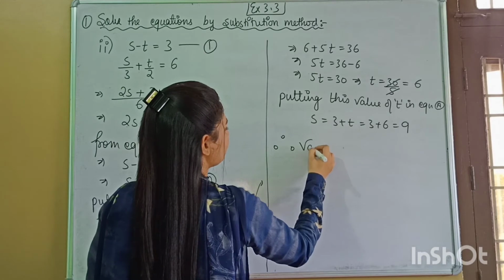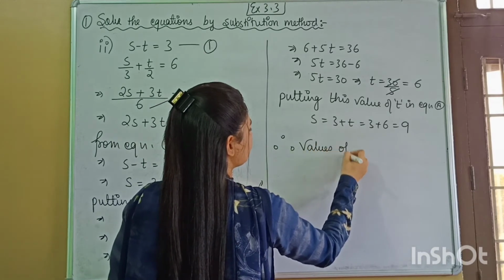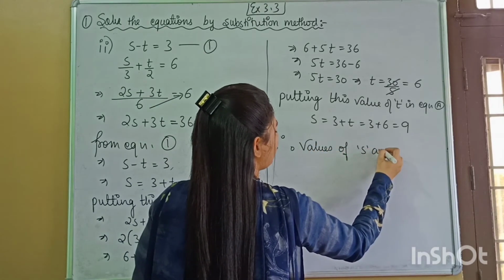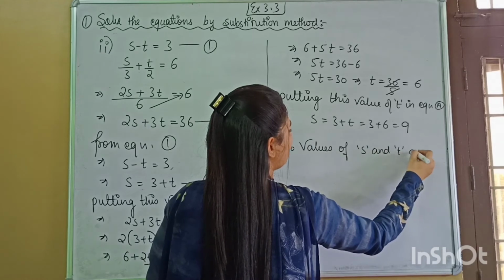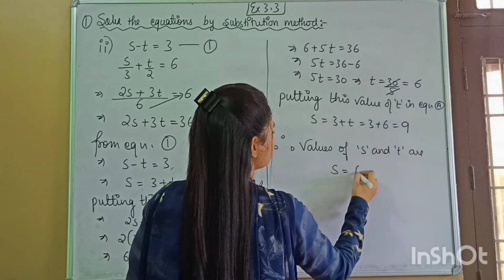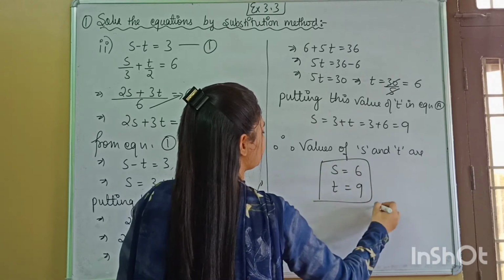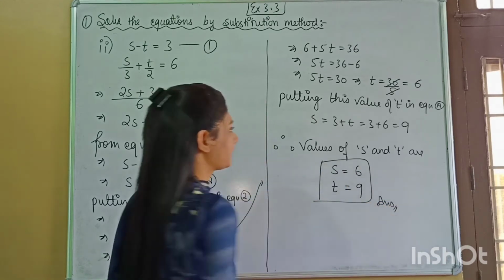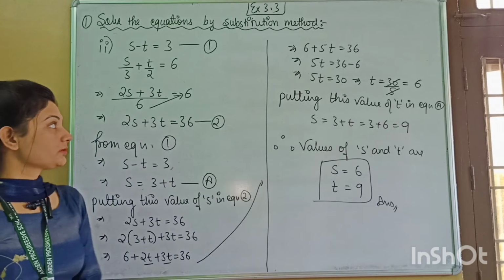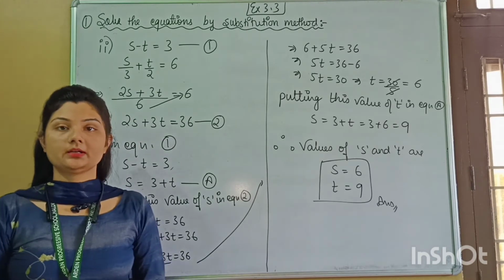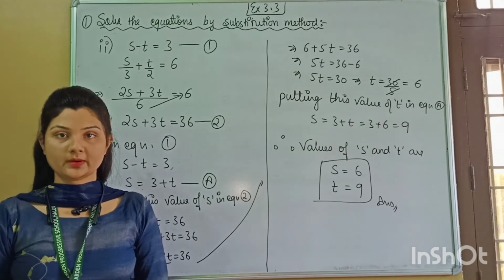Therefore, the values of s and t are s is equal to 9 and t is equal to 6. So we have completed the second part. Now the third part you have to do by yourself.